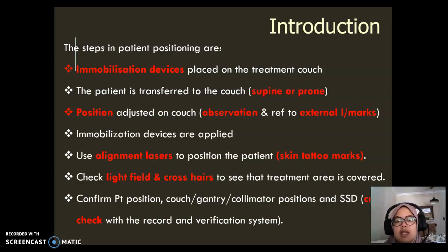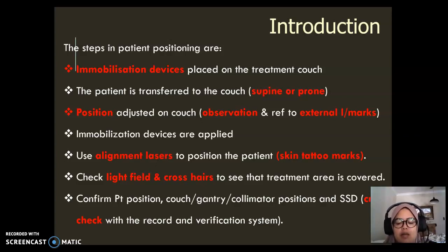It can be in the supine position, prone position, lateral position, or any other position. Then we adjust the patient position on the couch. We need to observe, and we need to put a tattoo. The tattoo is the external landmark that will help you to reposition the patient every day.